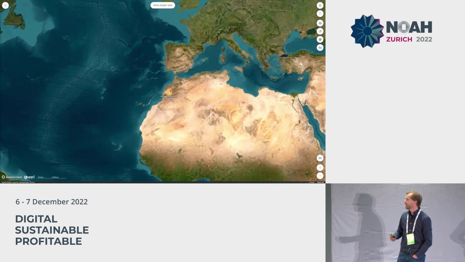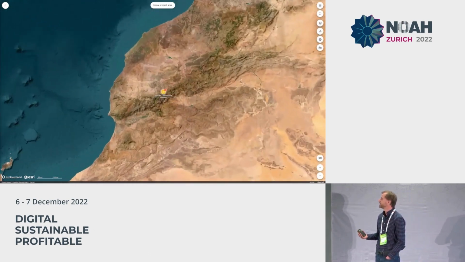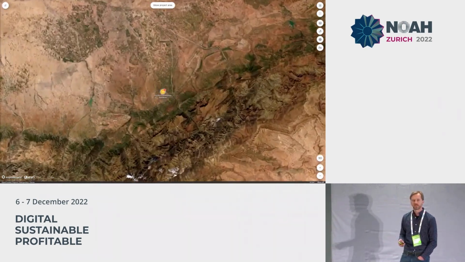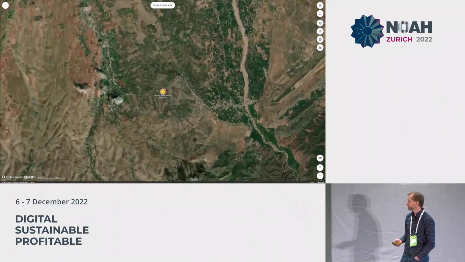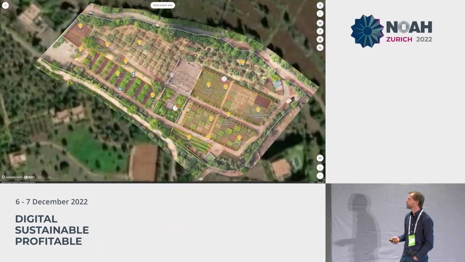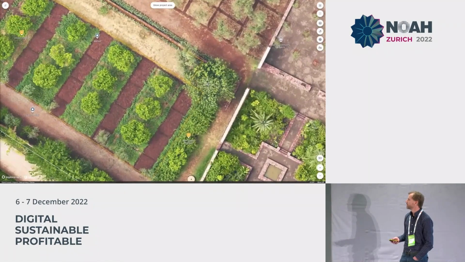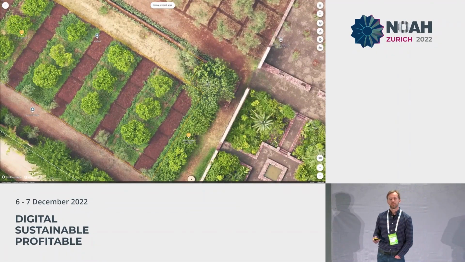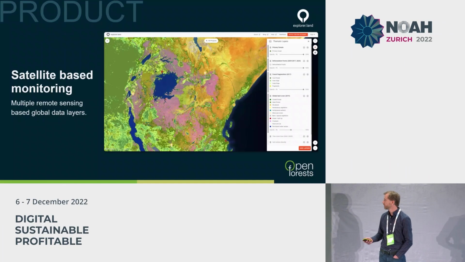So this is another visual evidence of how you can show the progress of a project. So let's wait a second to see how high the resolution can be. So this is a good evidence. If you have been successful, you can see trees. If not, you will not see trees.